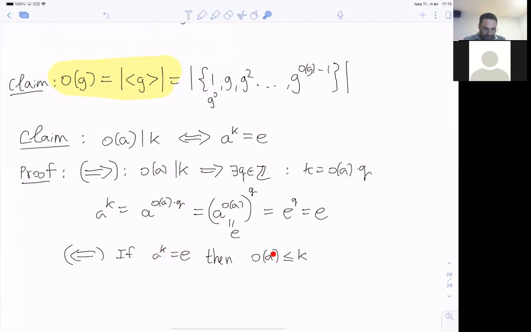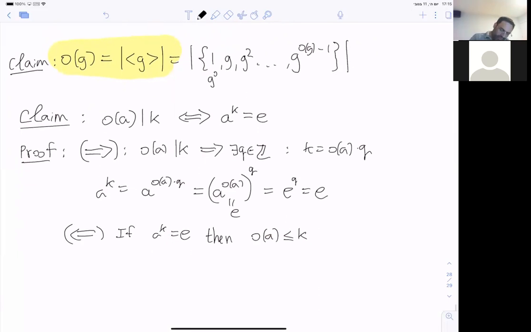So of course, OA is less or equal to K by definition of an order. So we can think about the decomposition. K is OA times Q plus R, where R is less than OA. I mean, we take the maximal multiple of OA inside K.